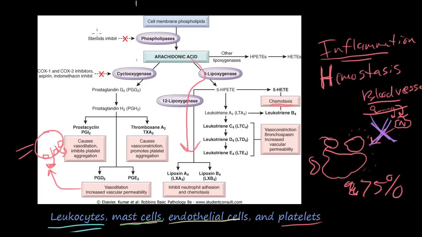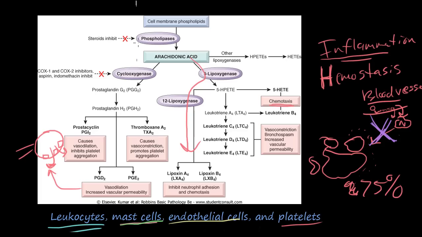The reason it's so great to know all these pathways, even though it's confusing as heck and I don't have all these little names memorized, is that I want us to understand conceptually what's going on with these arachidonic acid metabolites, and I think we got a pretty good idea of that.